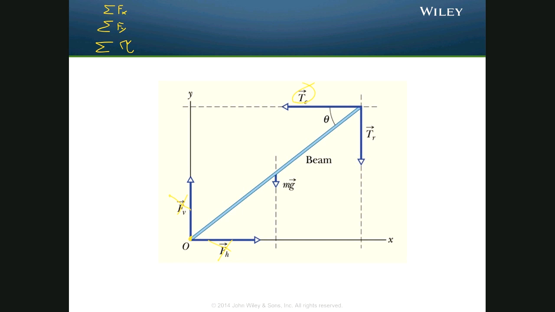However, when we look at this, let's look at the torque equation first. So we notice that if we're at this point, both F and V operate at a zero distance. So we have 0 plus 0, right? They don't do anything.